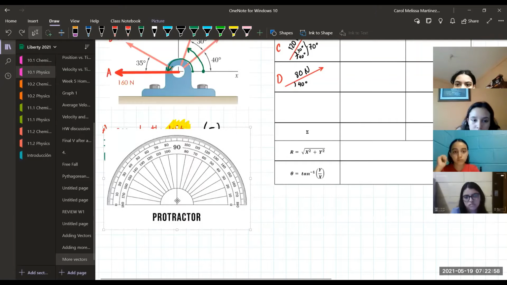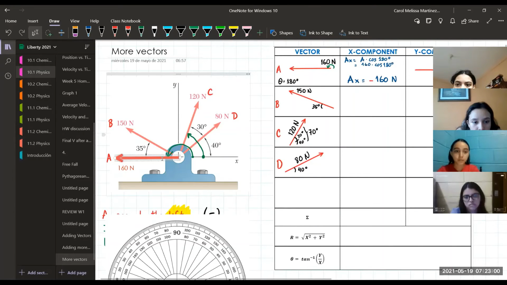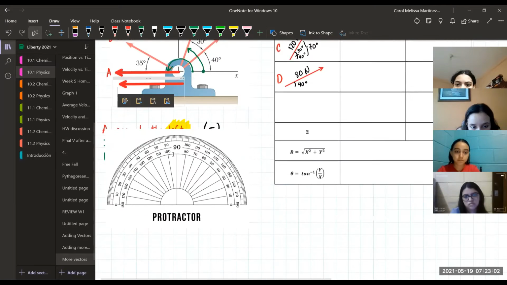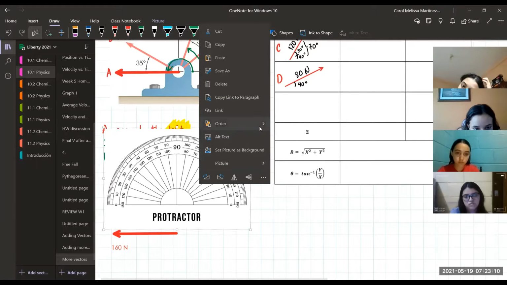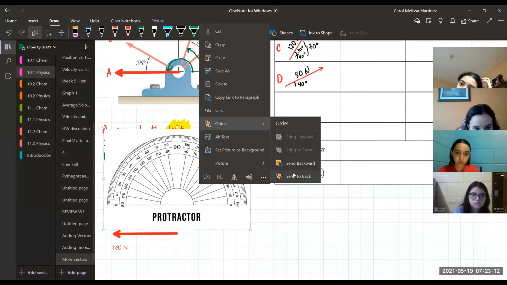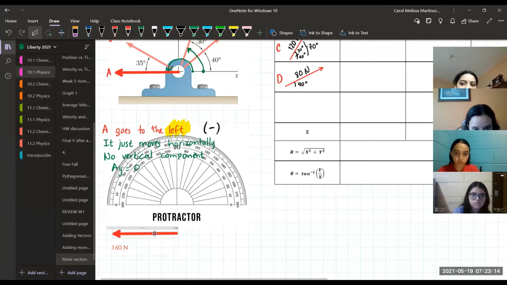My vector is located on this side, okay? If I just put it here, what angle is it showing?